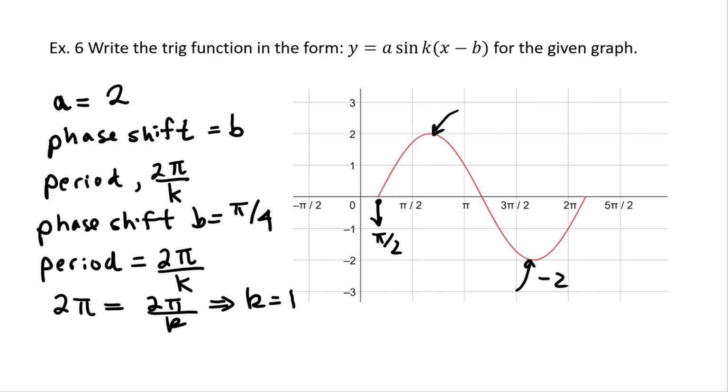Let's put the values of a equals 2, k equals 1, and b equals pi over 4. And so the correct form would be y equals 2 times the sine of, k is 1, so we don't need to write the 1, x minus b, the phase shift, is pi over 4.